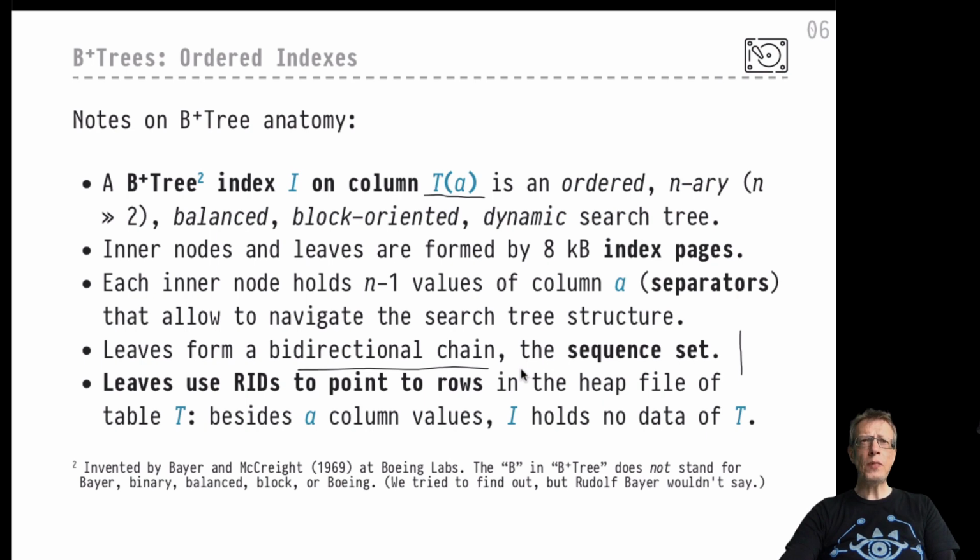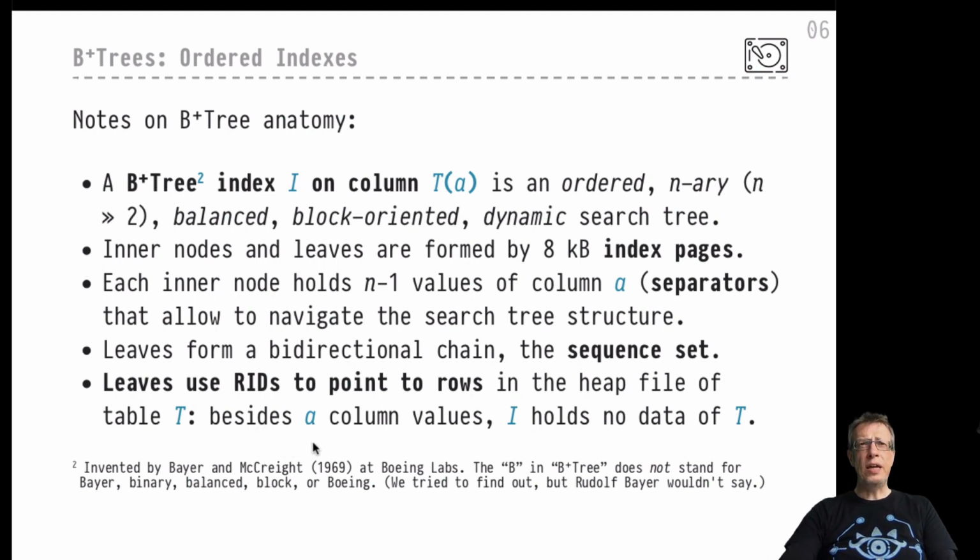Let me emphasize that the pointers in the leaf nodes of the index point to individual rows inside the heap file. So we use individual RIDs inside the leaf nodes of our B+Tree to point to individual rows that we want to target in our search.